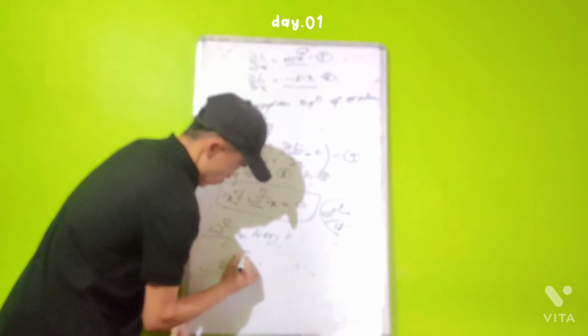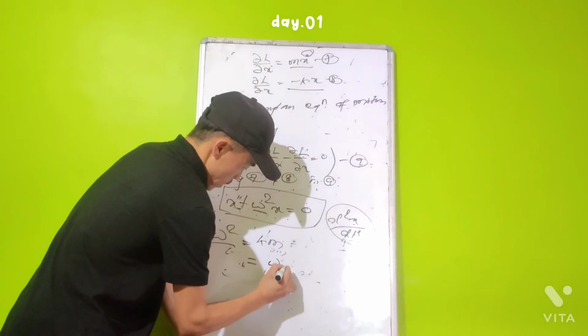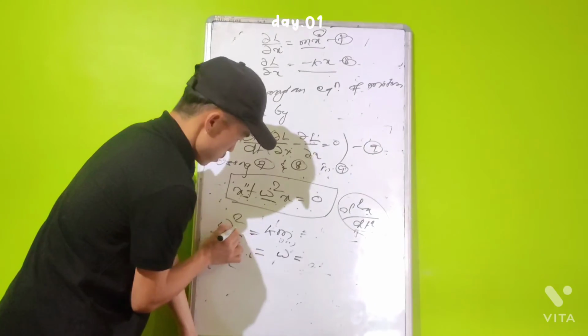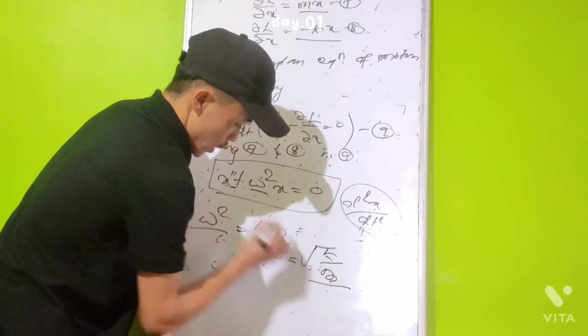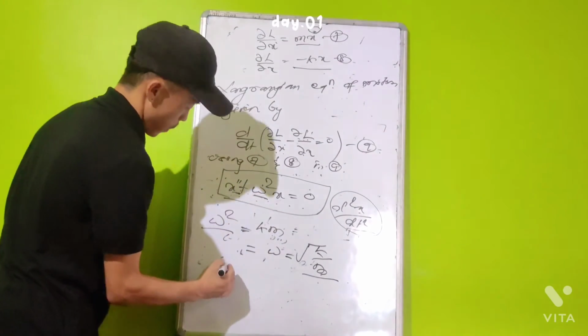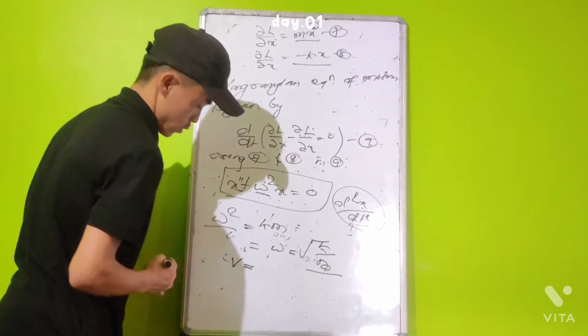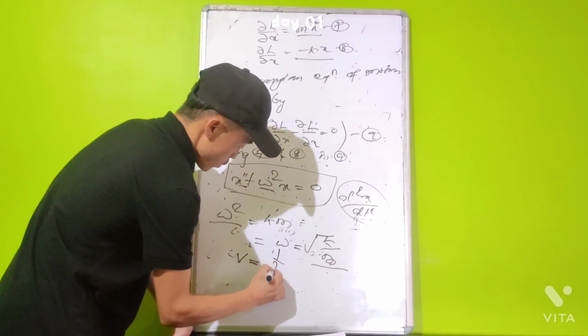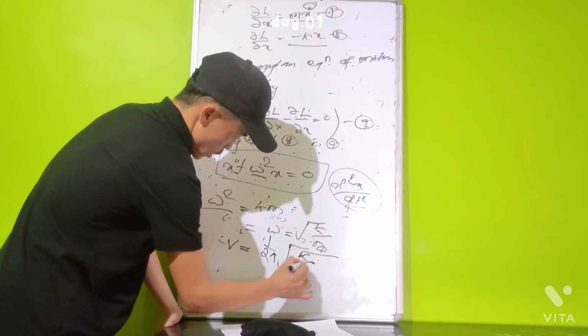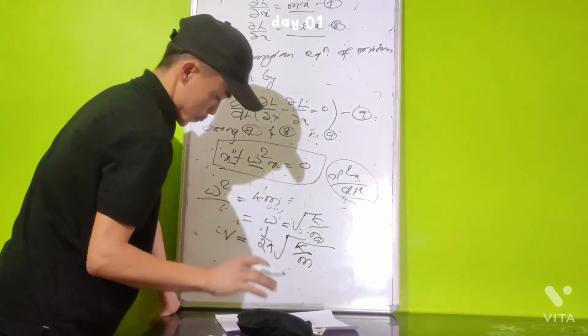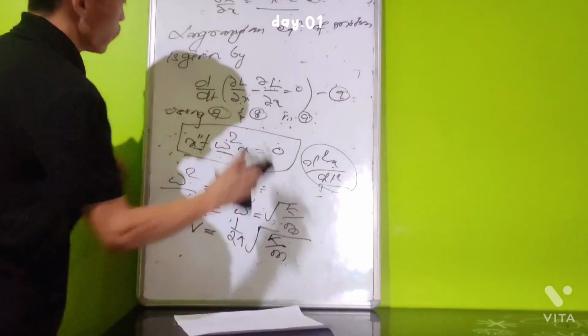So omega is the root of k by m, and now ν is equal to 1 by 2π root of k by m.